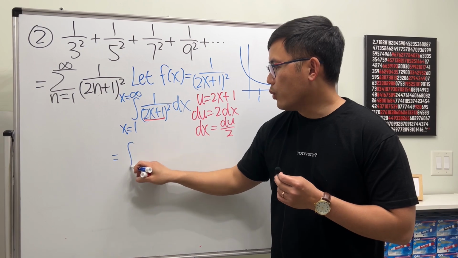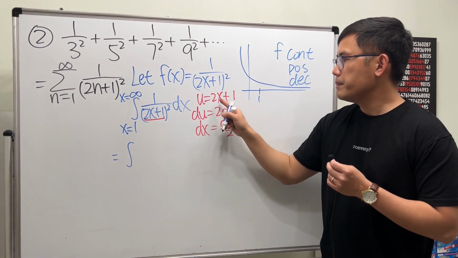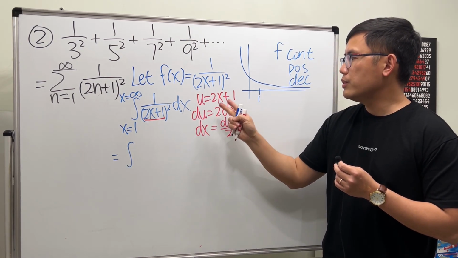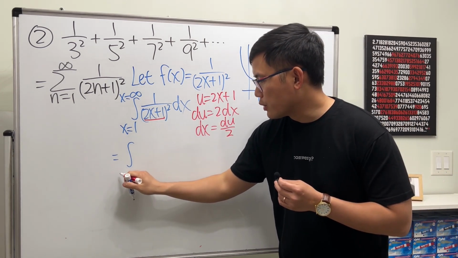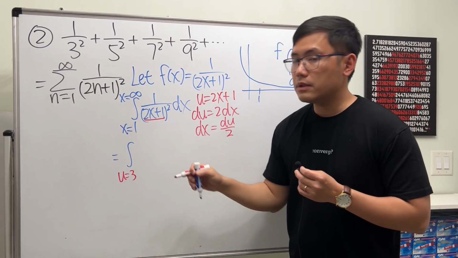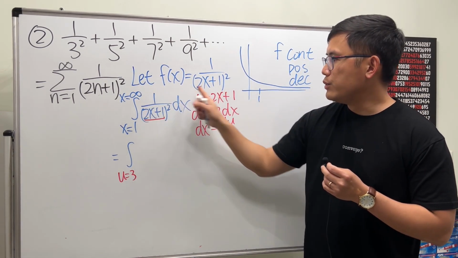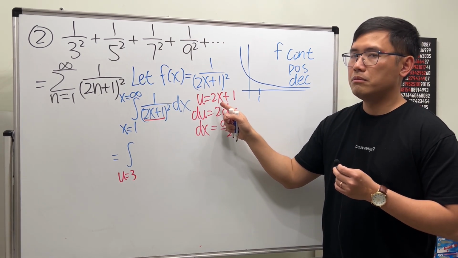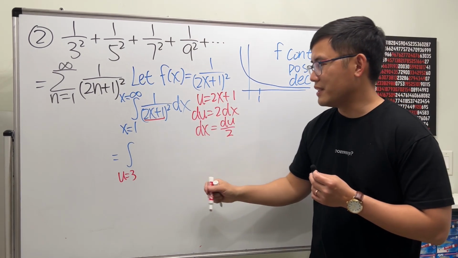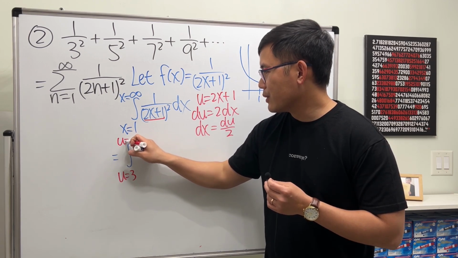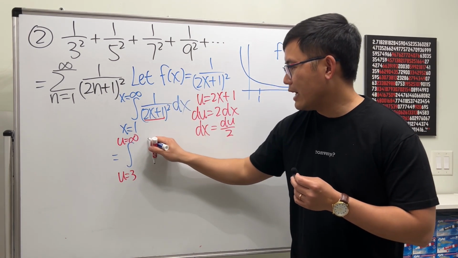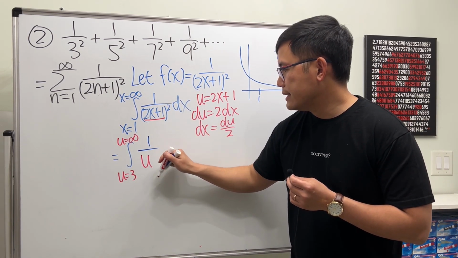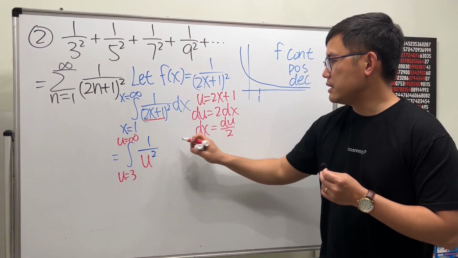So in the u world, we put 1 in here. 2 times 1 is 2, and then plus 1 is 3. So u starts as 3. Then when we put infinity to here, 2 times infinity is infinity, plus 1 is still infinity. So u goes to infinity here. And then we have 1 over u squared, and the dx is du over 2.